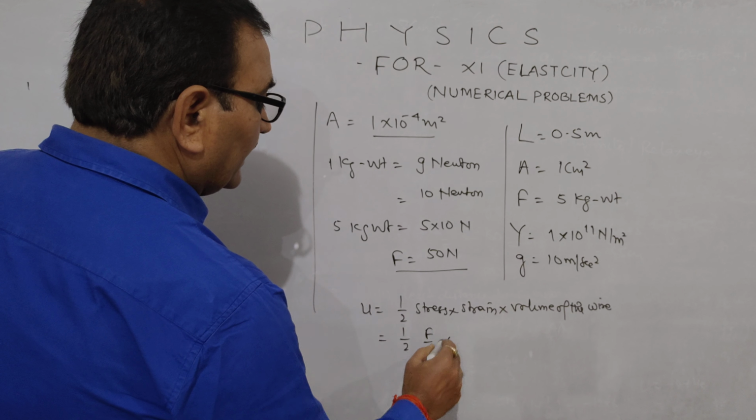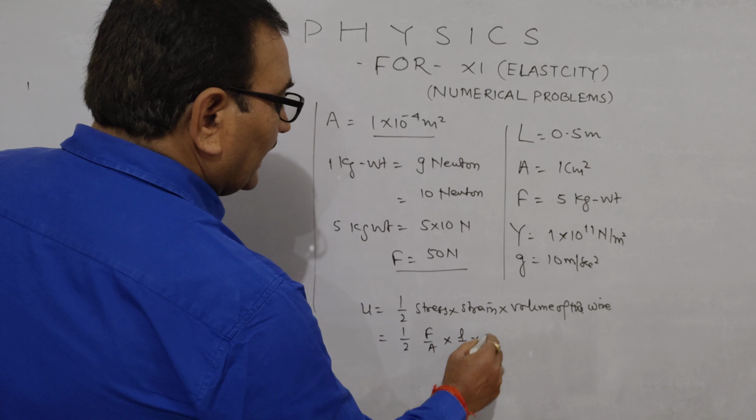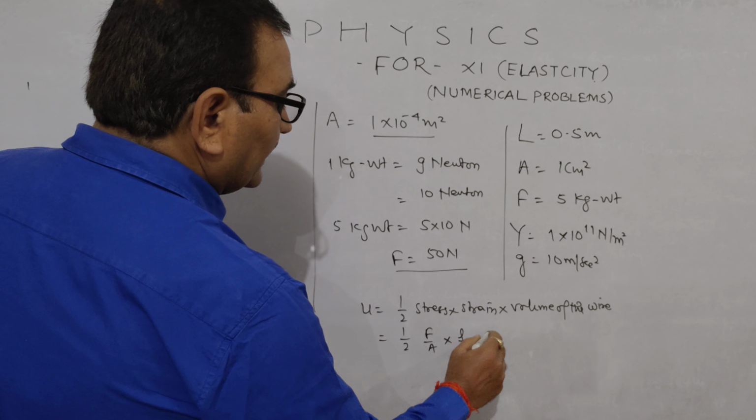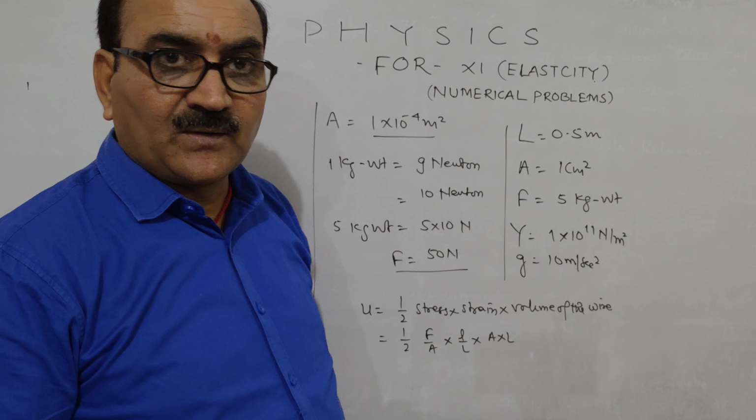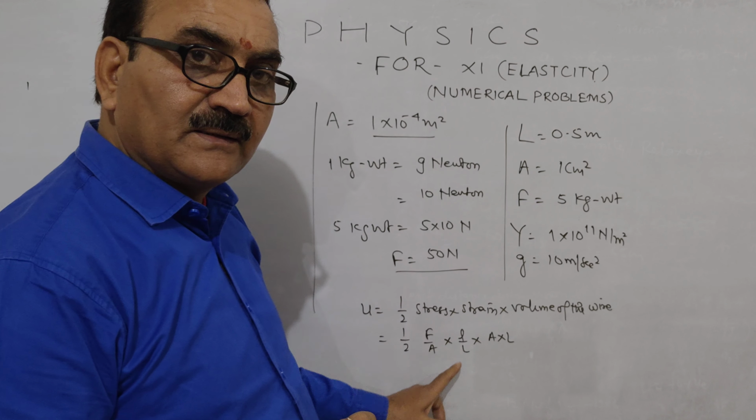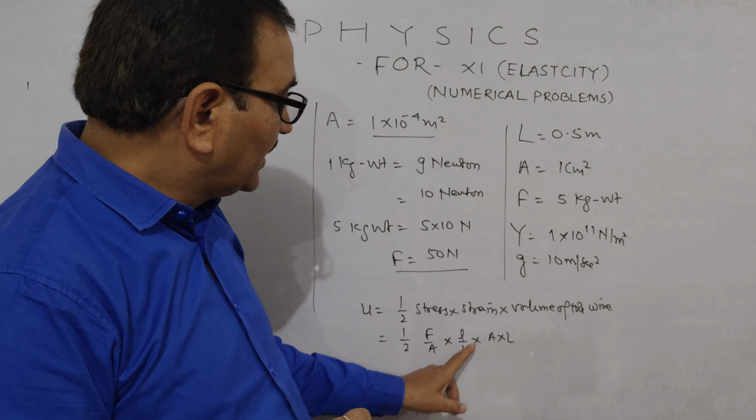Stress is F upon A, strain is small l upon capital L, and volume is A into L, for the brass wire. According to the question, the increment or compressed length is not given. That means strain should be absent here, because it is not given how much compression has occurred. So eliminate this data, that means you have to eliminate l by L.